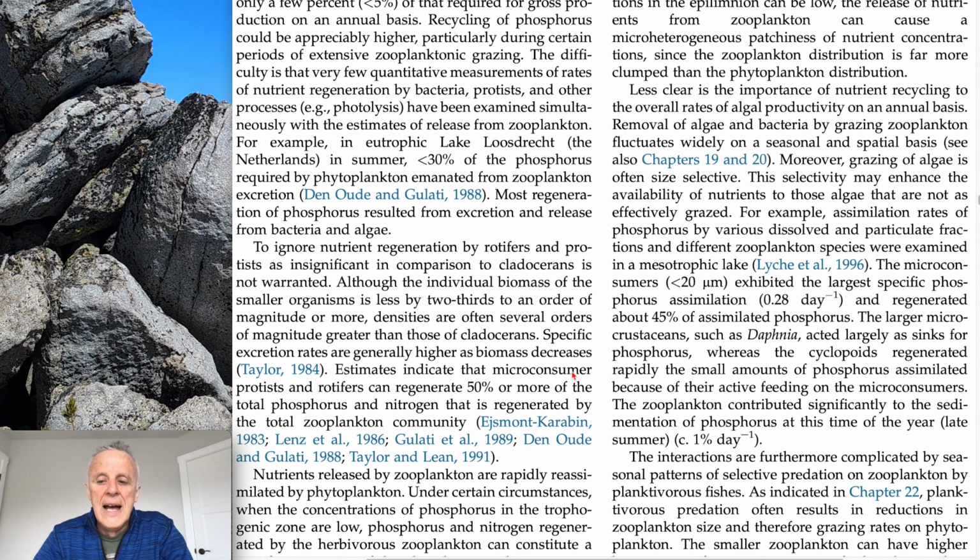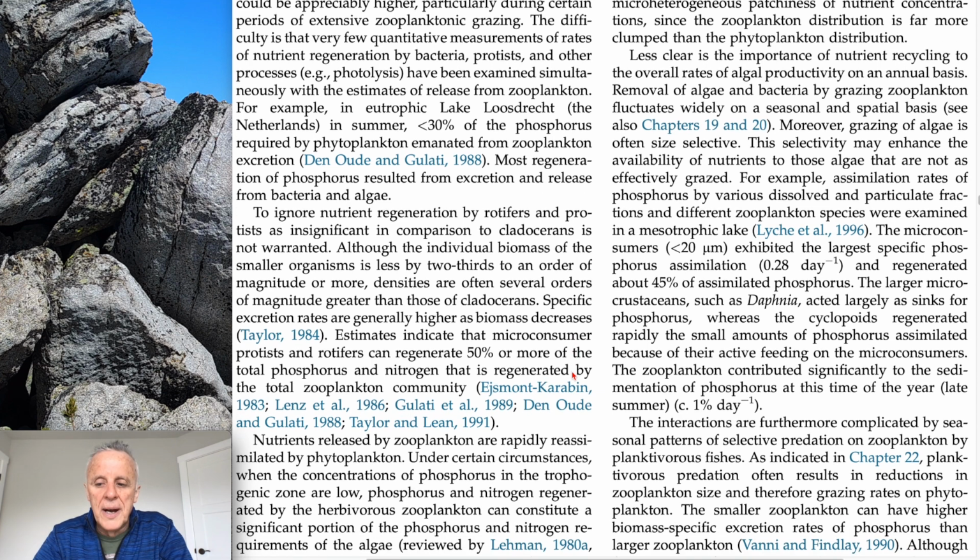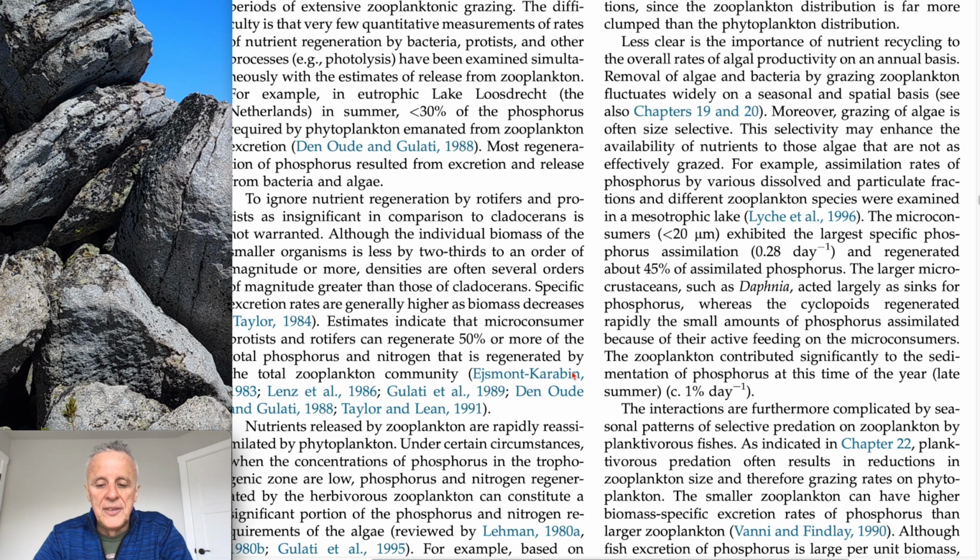For example, assimilation rates of phosphorus by various dissolved and particulate fractions and different zooplankton species were examined in a mesotrophic lake. The micro-consumers less than 20 micrometers exhibited the largest specific phosphorus assimilation, 0.28 per day, and regenerated about 45% of assimilated phosphorus.